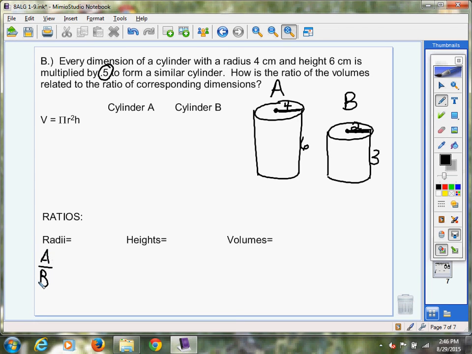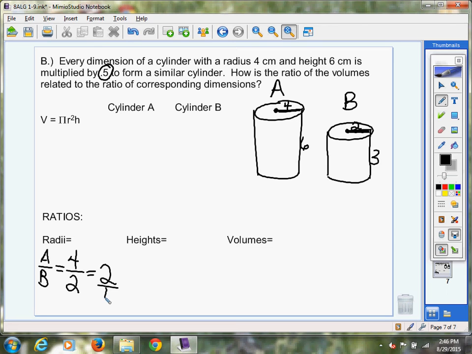So what's the radius in A? 4. What's the radius in B? 2. And so we're going to end up with that ratio 2 over 1. If you simplify it and keep it as a fraction, it's going to be 2 over 1. Okay? Now what do you think is going to happen to the heights? How do you think the radius and the height ratios are going to turn out?